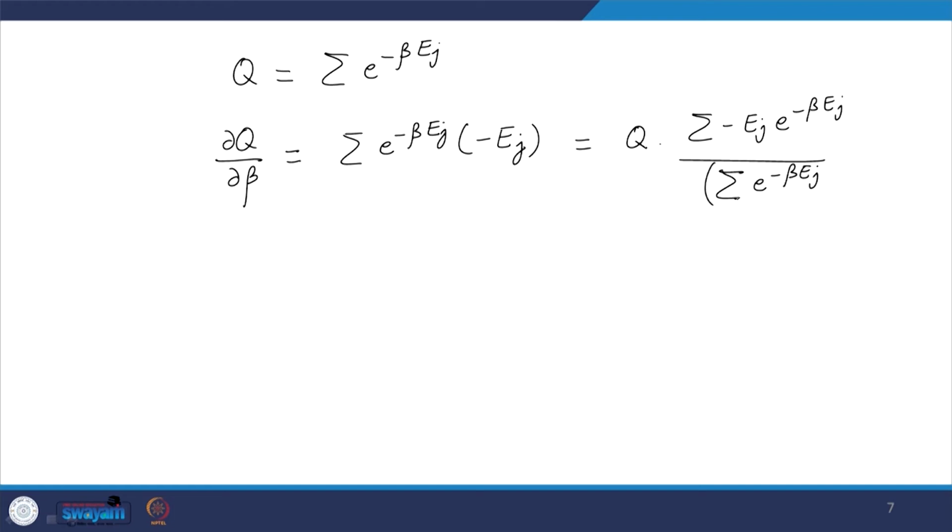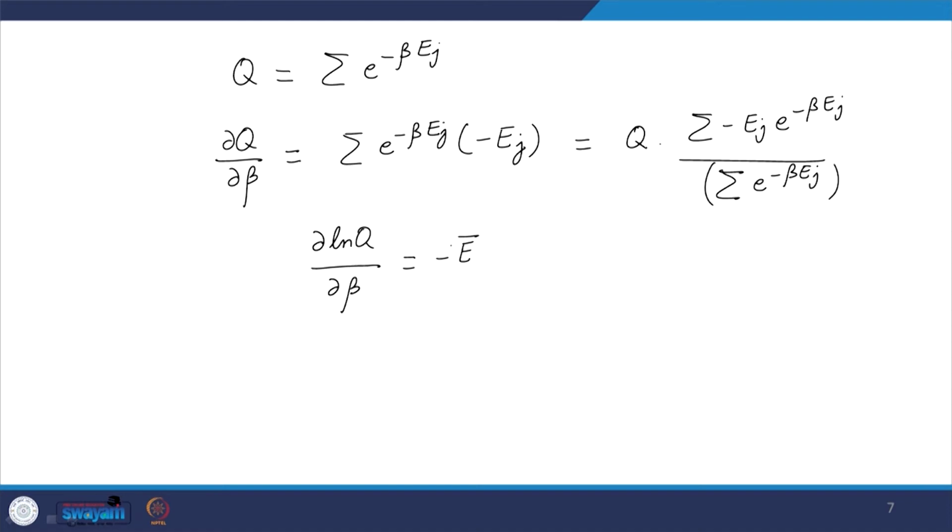So, q is essentially the same as the denominator here, therefore we have multiplied by q, and if I move q to the other side, what we got was dou ln q by dou beta is minus E bar.